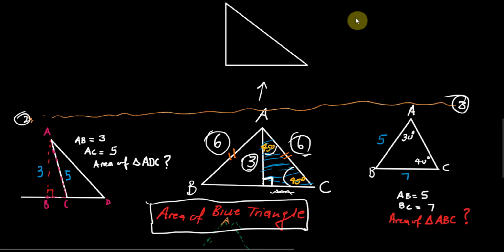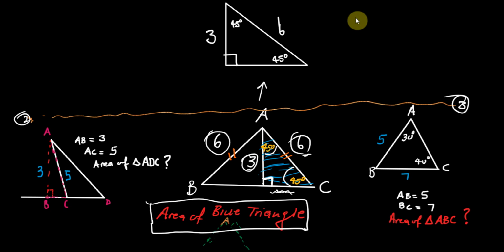So this is a triangle that we have, and we have 90 degrees over here, and then we have 45 degrees and 45 degrees there. So what we have is 3, and then we have 6, and then this is unknown.